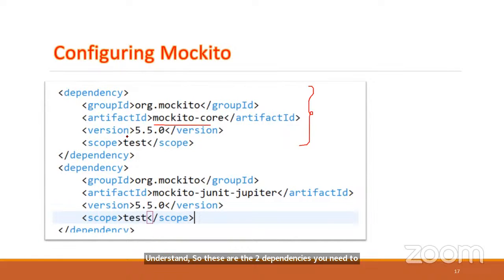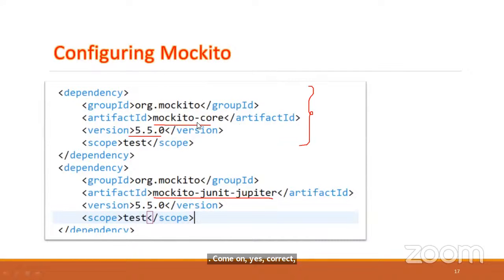Mockito-core, this is the latest version. And Mockito JUnit Jupiter. JUnit Jupiter means JUnit 3, JUnit 4, or JUnit 5? JUnit 5, correct.